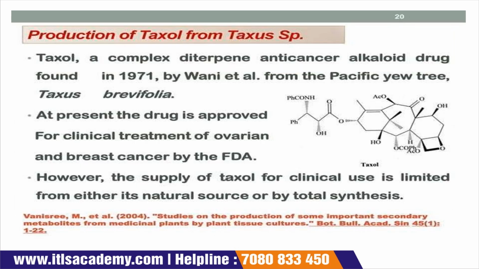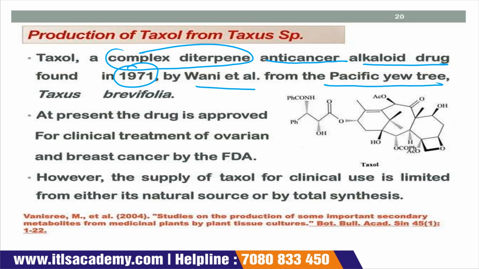Now the next is the production of Taxol from Taxus species. What is Taxol? It is a complex diterpene anti-cancer alkaloid drug, which was found in 1971 by Wani et al. from the Pacific yew tree, Taxus brevifolia.